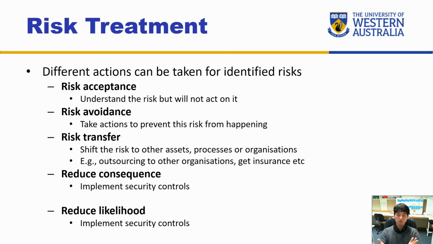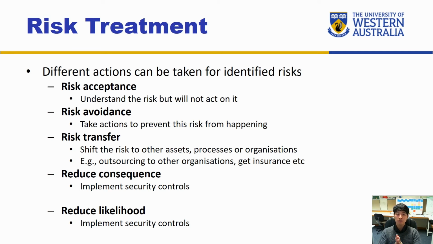This can happen if, for example, you are running a server and there is a chance of a denial of service attack, but you have many redundant servers that can take the place of the original server, or you have very good load balancing, then you may just accept that risk rather than trying to address it.